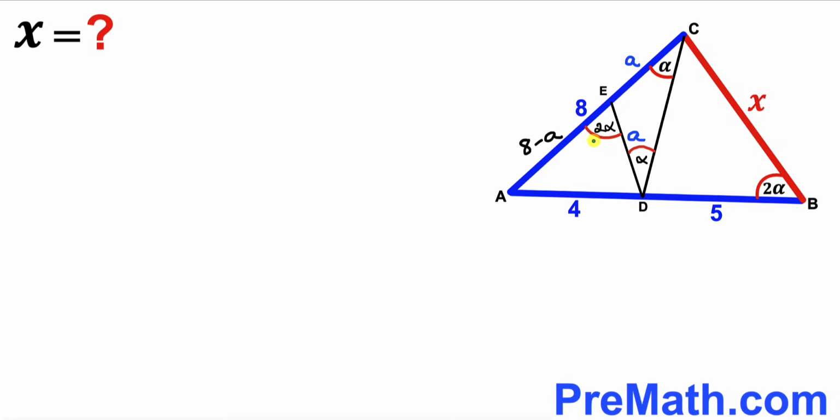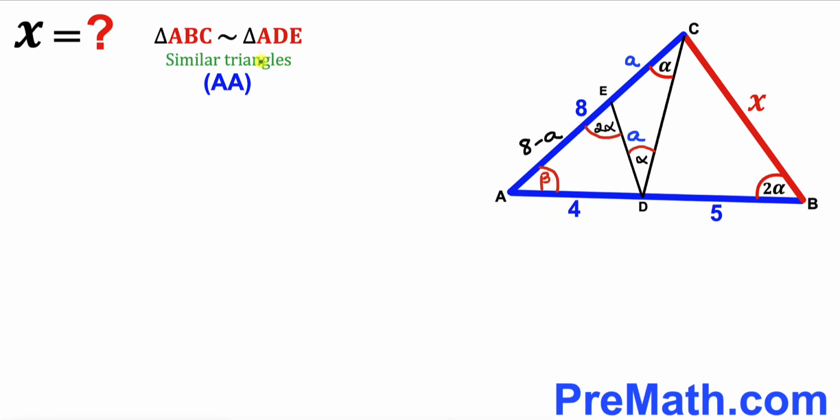And now we are going to focus on these two triangles, this triangle ADE and this big triangle ABC. If I label this angle as beta, then this angle beta is going to be common for both of these triangles ADE and ABC.